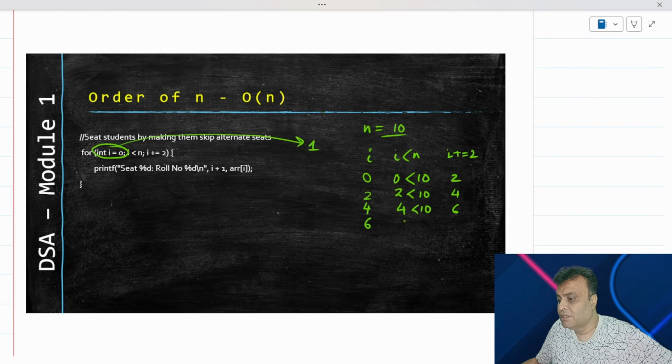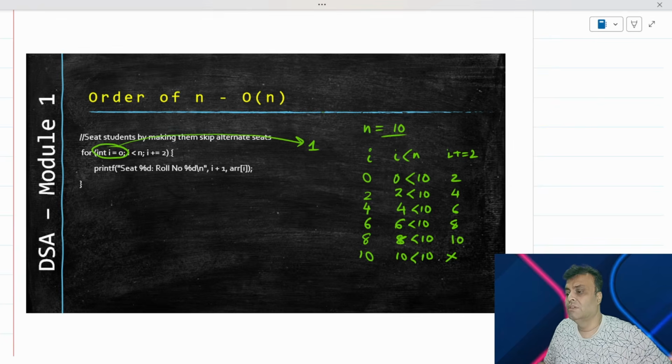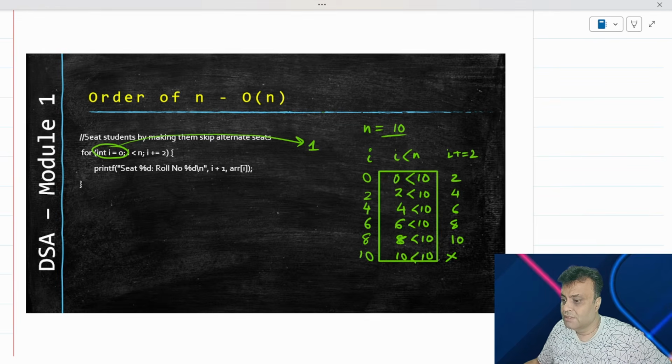With 6 I will enter, it will become 6 less than 10, and this will become 8. With 8 I will enter, and I will check 8 less than 10, and I will make it 10 after increment. With 10 I will enter, I will check 10 less than 10, and this will not go further. How many times did I check? I checked it 6 times.